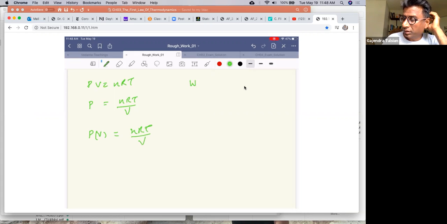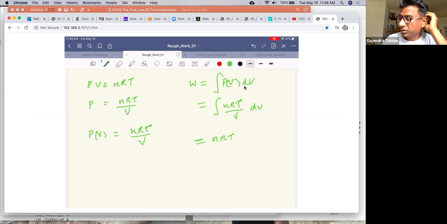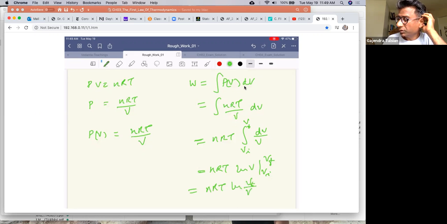And the work done is the integral of nRT by V dV. Since T is constant, this is an isothermal process. From V initial to V final, it's nRT log V, which gives nRT log V final over V initial.